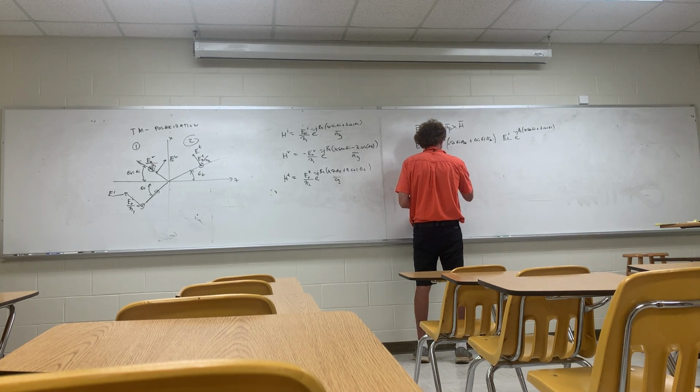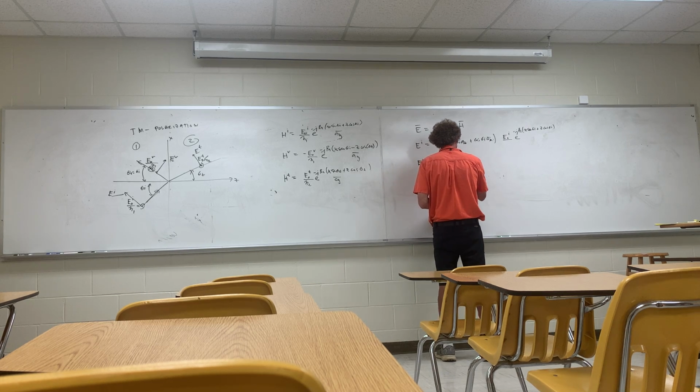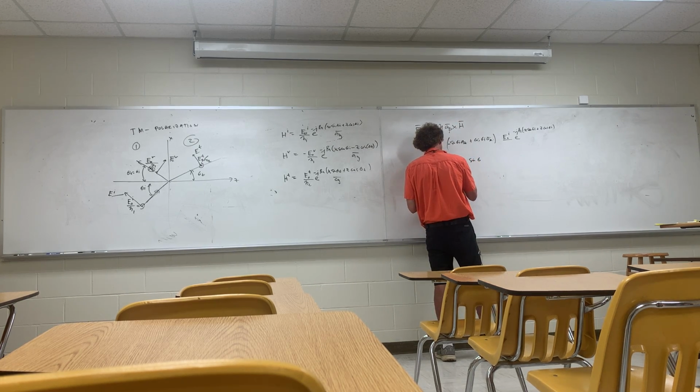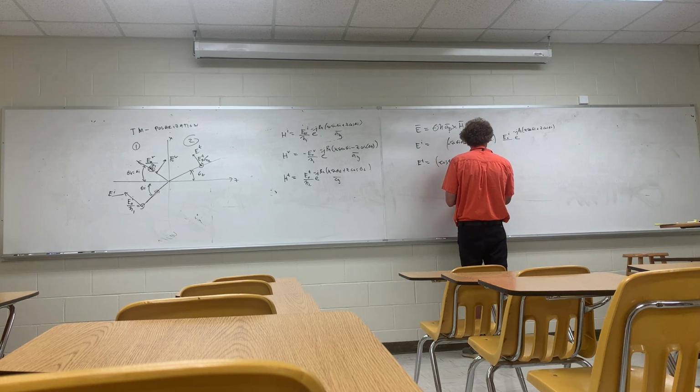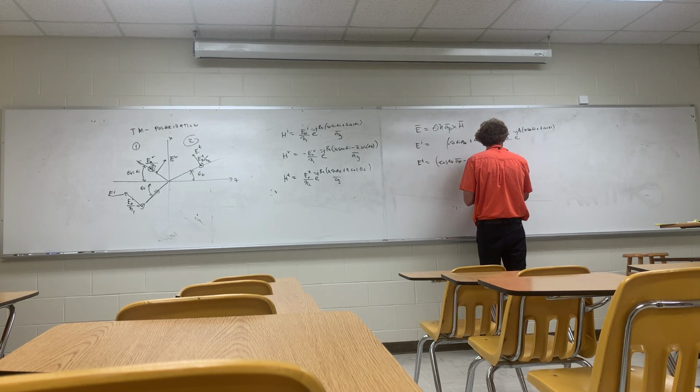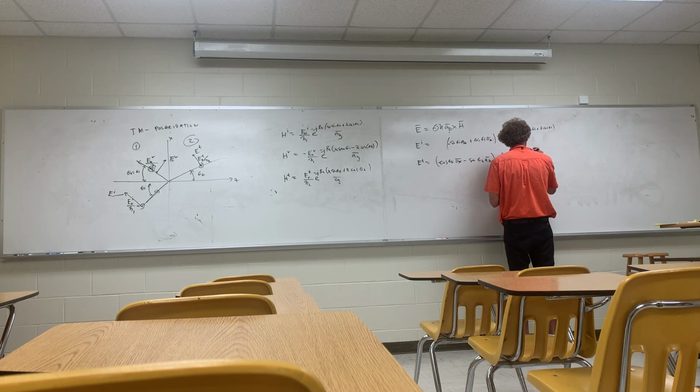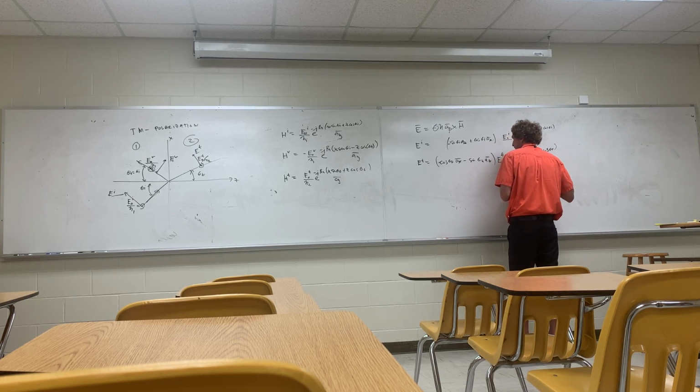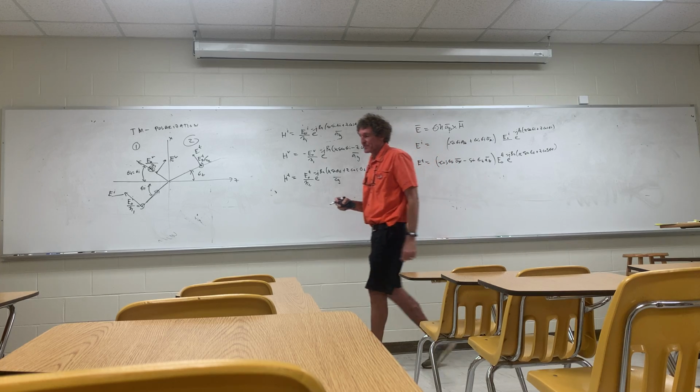Put cosine theta incident AX, minus sine theta transmitted, pardon me, sine theta transmitted AZ, times E naught transmitted, times e to the minus j beta 2 x times the sine of theta transmitted plus z times cosine of theta transmitted. And now I've got the transmitted electric field.